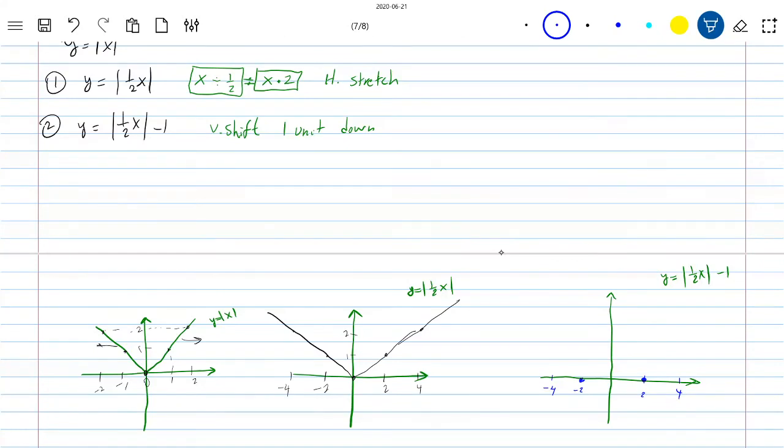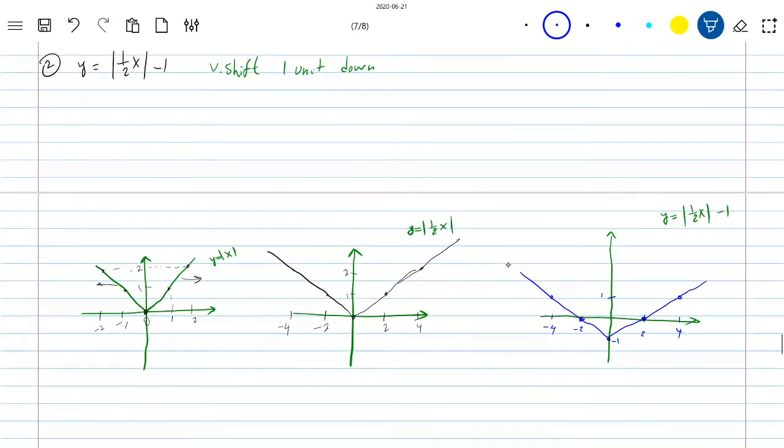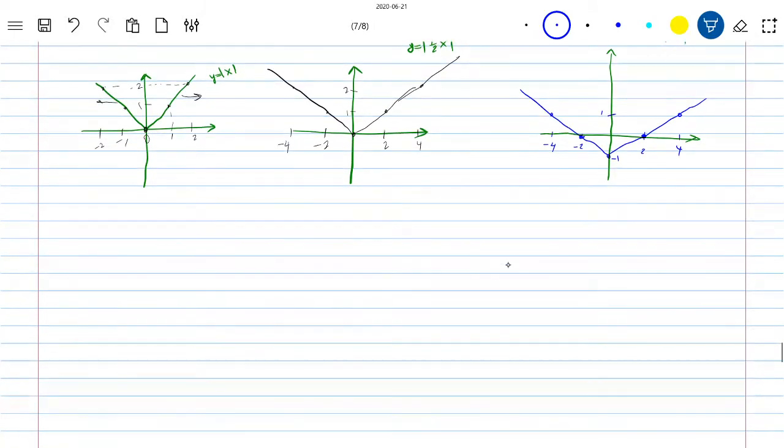On the other side, instead of being 4 and 2, it becomes 4 and 1. There's -4 and 1. And the vertex moves down 1 unit, becomes at -1. So the graph is now like that. Okay, so now I have the graph of absolute value of 1/2 x minus 1. Again, you could always graph this by finding the vertex point and picking a couple of points, but this is the idea of the transformation. We're using the transformation.